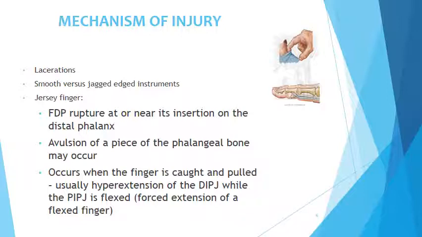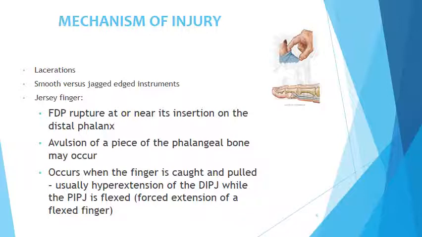The laceration can be smooth, from a sharp knife, versus jagged edges from instruments at work, like grinders and saws, or it can be the jersey finger, where the FDP ruptures at or near the insertion on the distal phalanx.